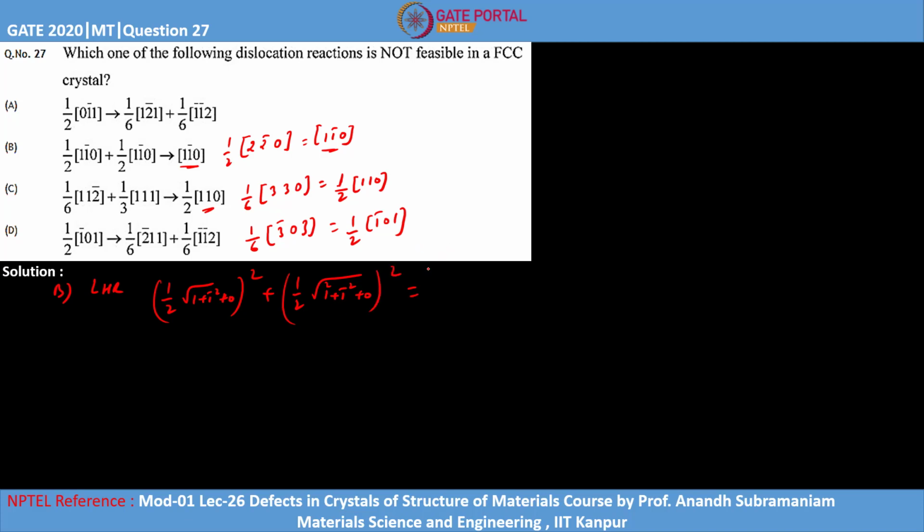So it will be equal to 1 upon 4 times 2, and similarly 1 upon 4 times 2, right? So it will be equal to 1.